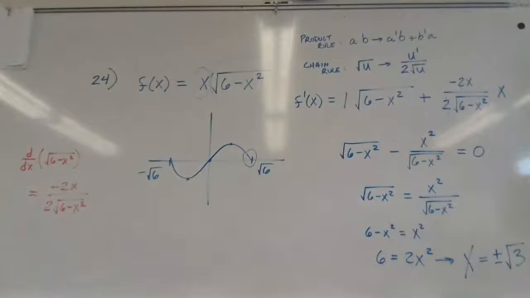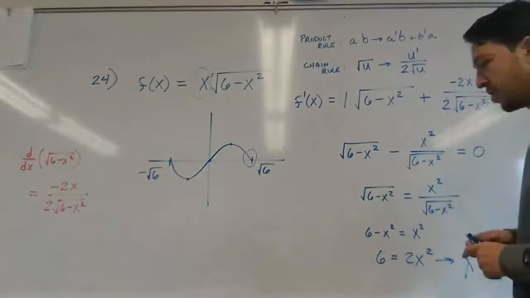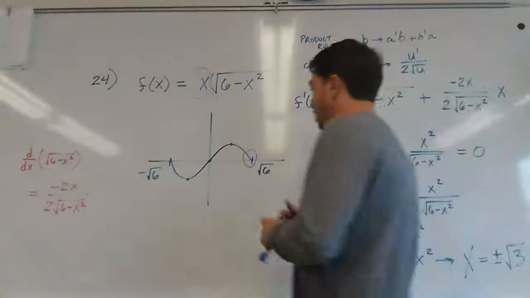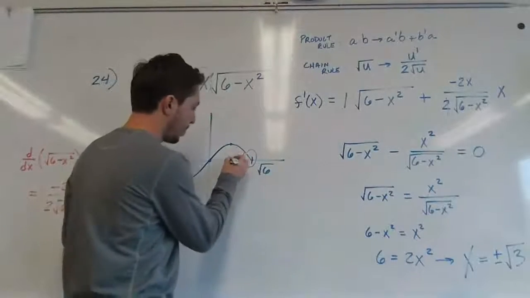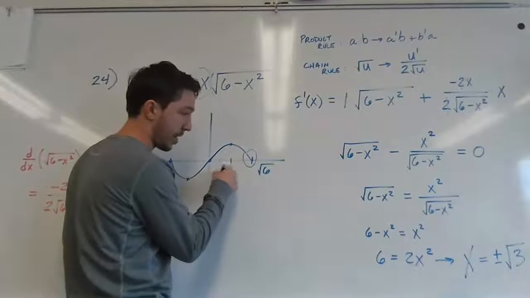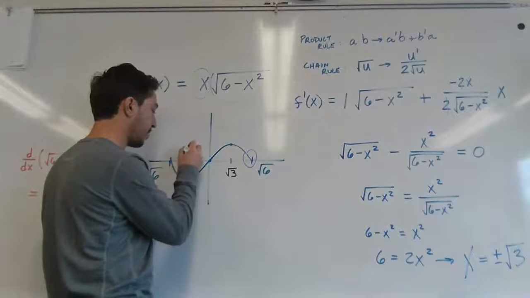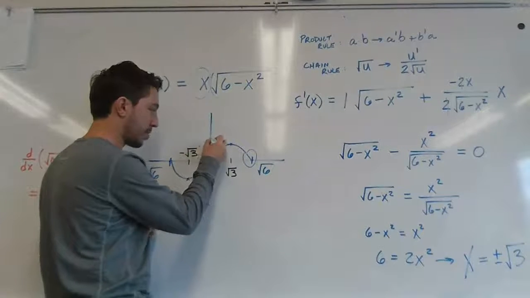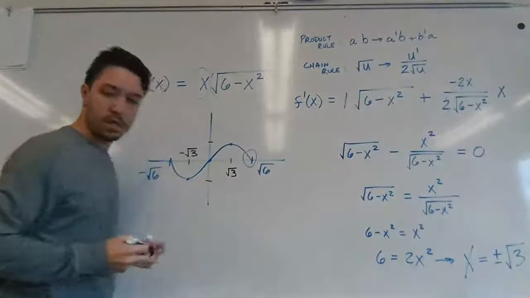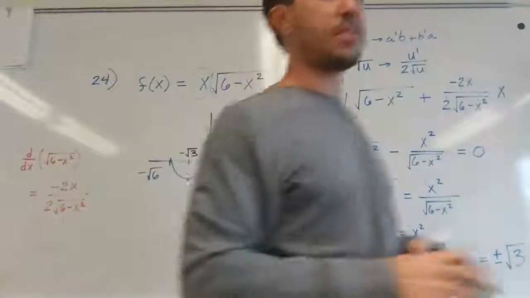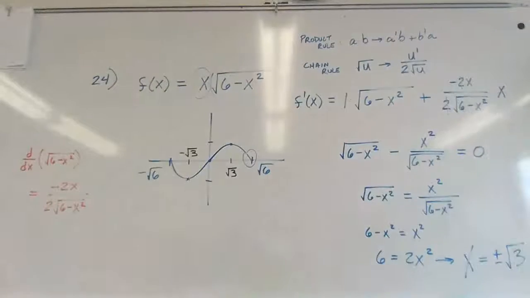I think it's pretty interesting. Okay, so turns out that this x value is root 3. This one was negative root 3. Now, I'm also curious, did I phrase the question the way I wanted to? Did I say, what's the global max?